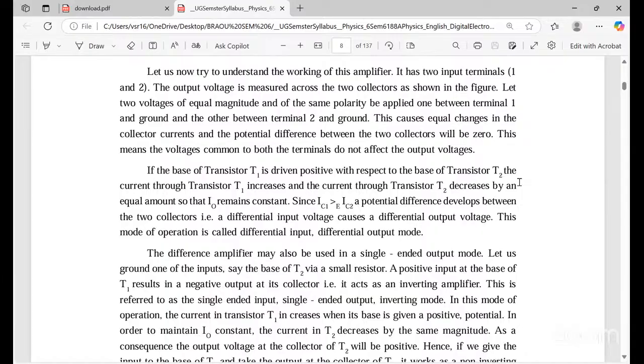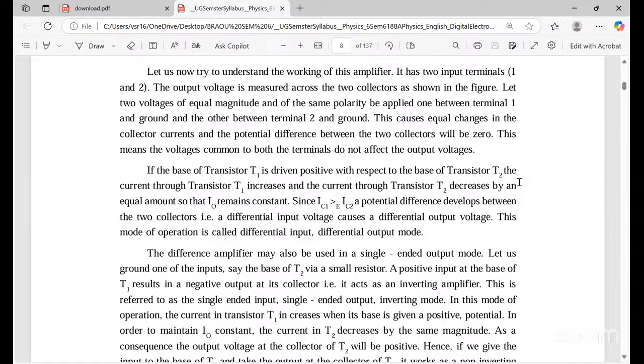If the base of transistor T1 is driven positive with respect to the base of transistor T2, the current through T1 increases and the current through T2 decreases by an equal amount, so that I0 remains constant. If one is increasing, the other decreases and the output current I0 remains constant.